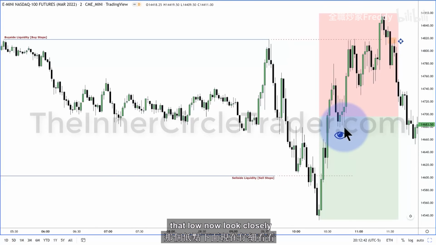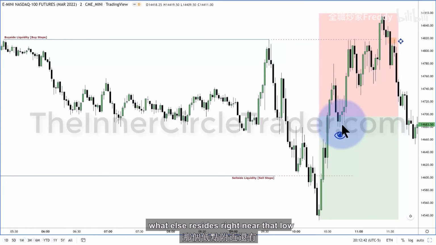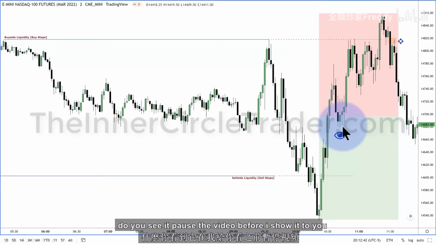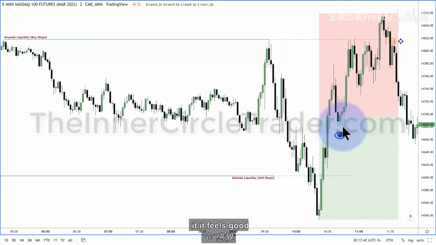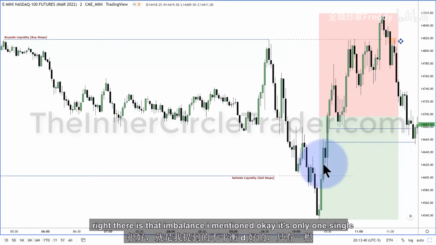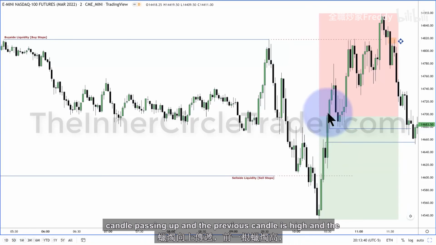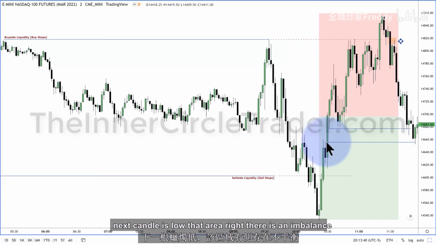Now, look closely. What else resides right near that low? Do you see it? Pause the video before I show it to you because it kind of ruins the experience. Because if you find it and I don't tell you, it feels good. Right there is that imbalance I mentioned. Okay, it's only one single candle passing up, between the previous candle's high and the next candle's low.